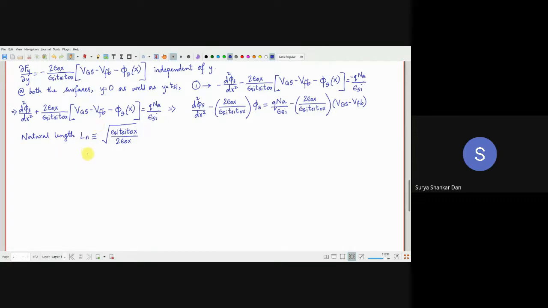So in this natural length, what we observe is, you can clearly understand that the unit of this is in nanometers.